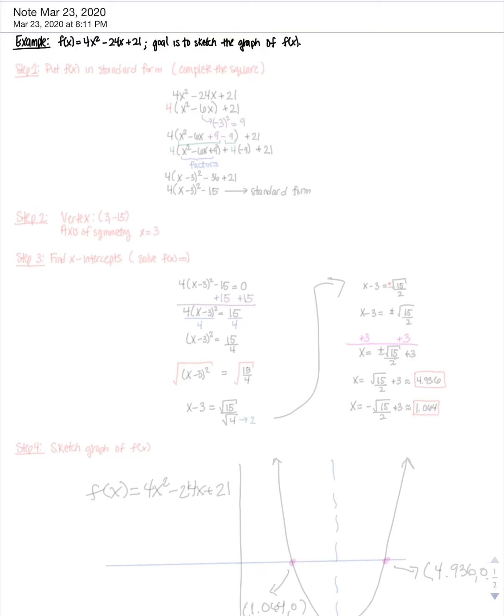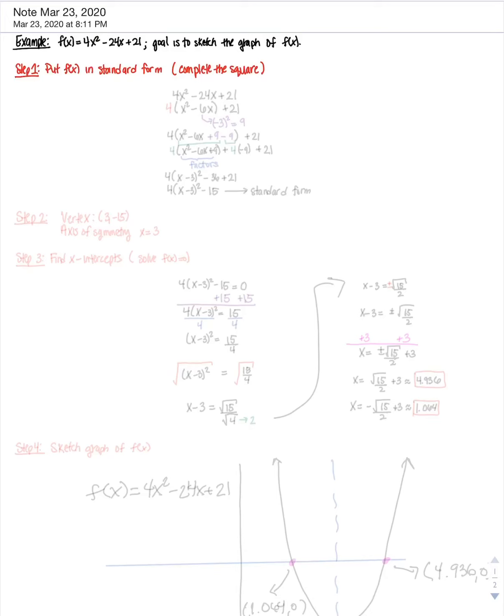So step 1 is to put f of x in standard form. And to put f of x in standard form, we need to complete the square. Alright, so we'll do that down here.